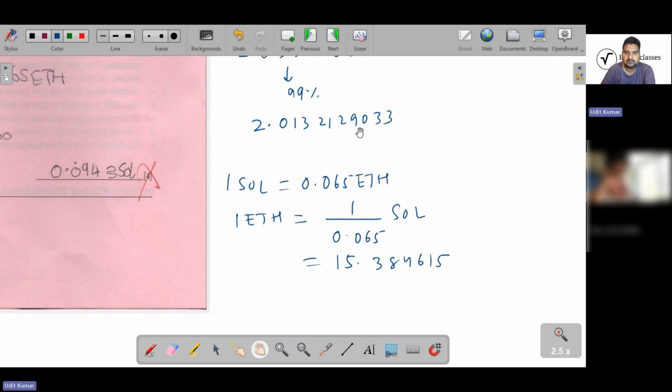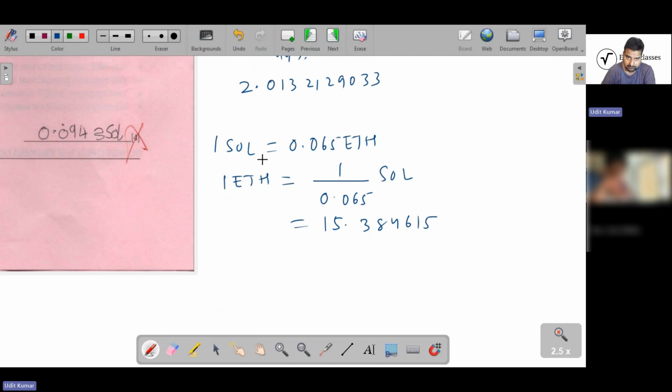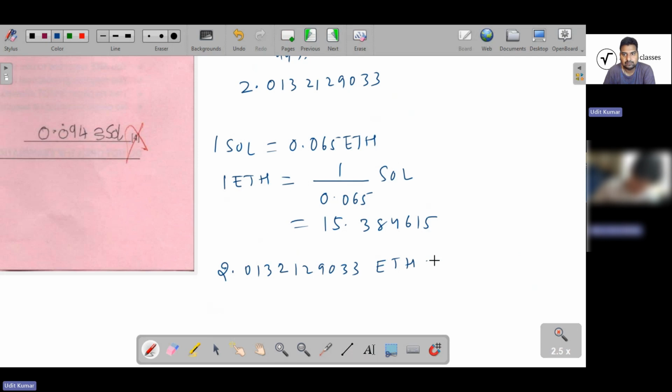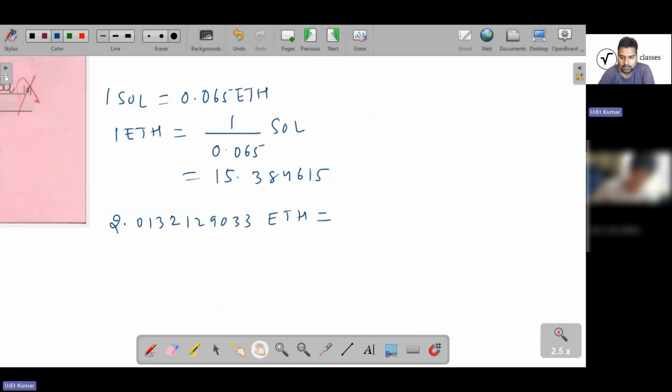So 2.01321290033 ETH will be how many SOL? You multiply it with that. What you will get?